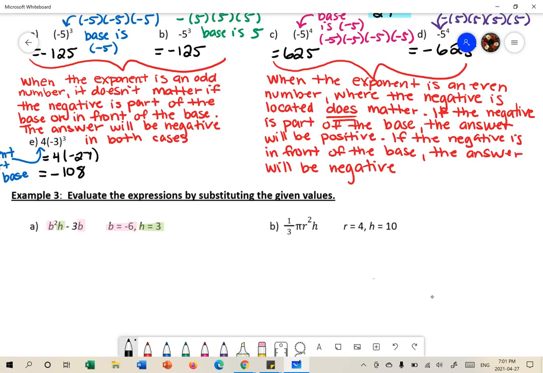So my next line is -6 squared times 3, subtract 3 times -6. Following the order of operations, I'm going to simplify -6 squared before multiplying it by 3.